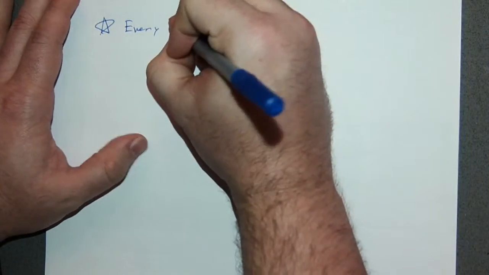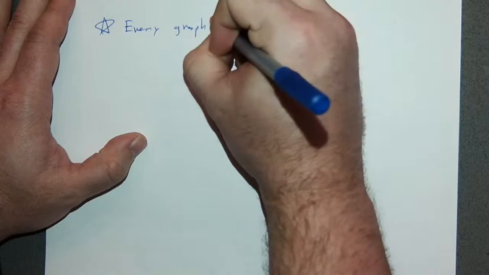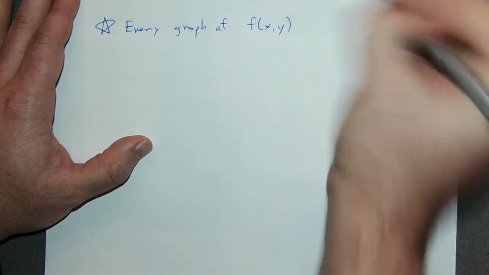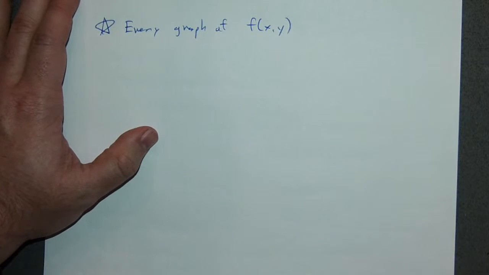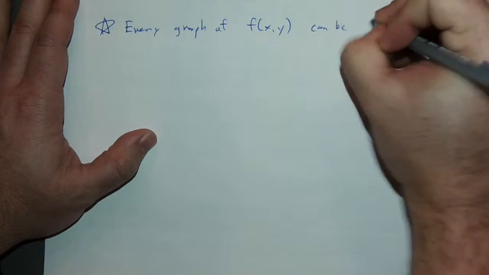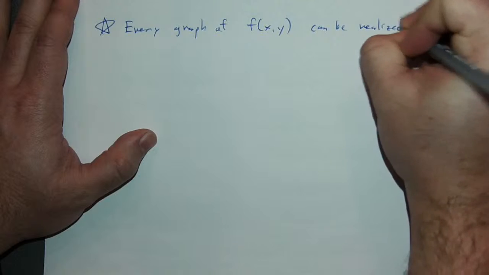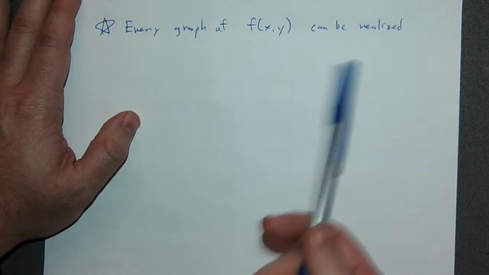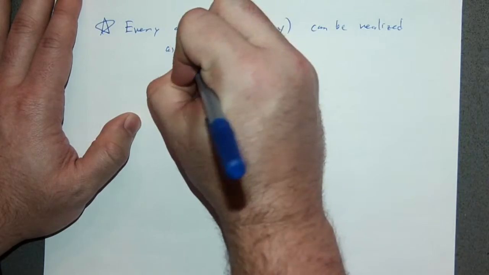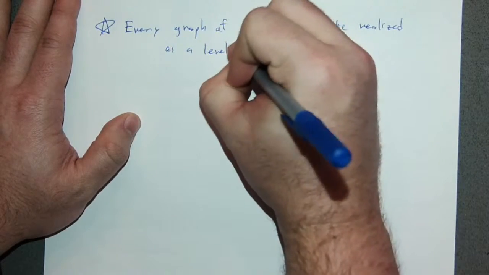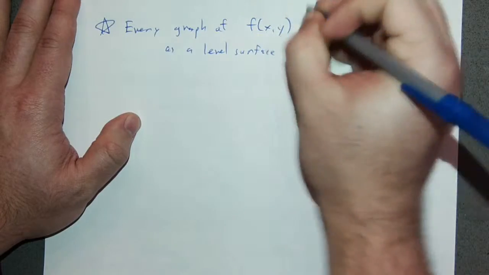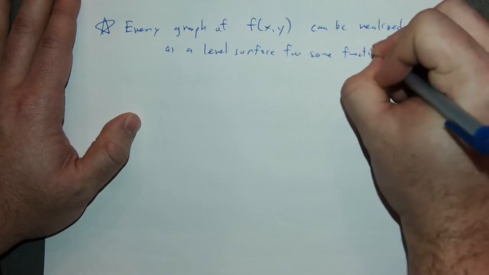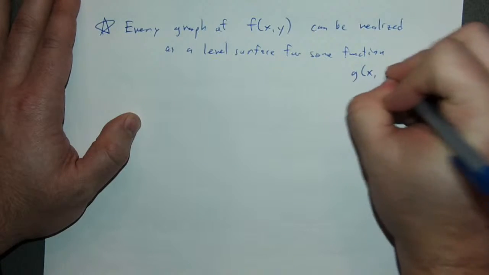Every graph of f of x, y, that is a function of two variables, can be realized, of course if f is nice in the sense that it's continuous, the graph of the thing is a surface in itself, can be realized as a level surface for some function of three variables that we'll call g of x, y, z.